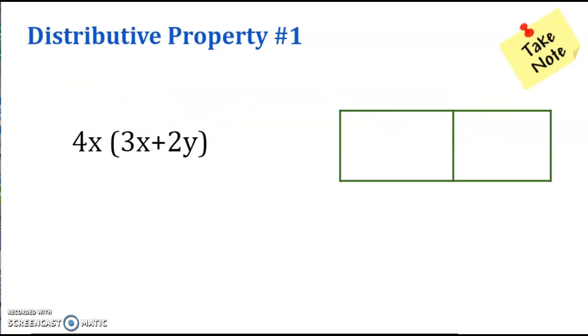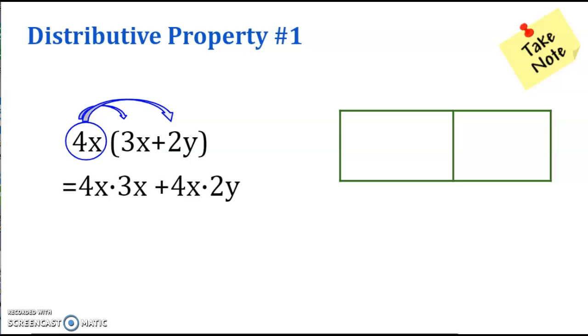All right, let's do some examples, and you should be taking notes on this. When you are multiplying 4x times 3x plus 2y, what you're doing is multiplying 4x to 3x and 2y.